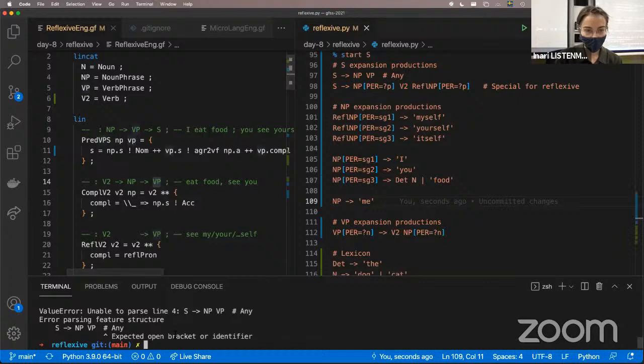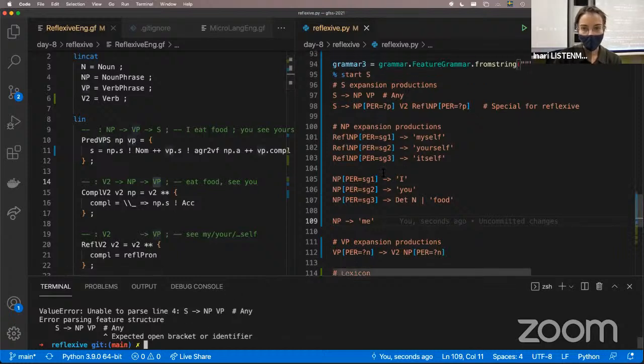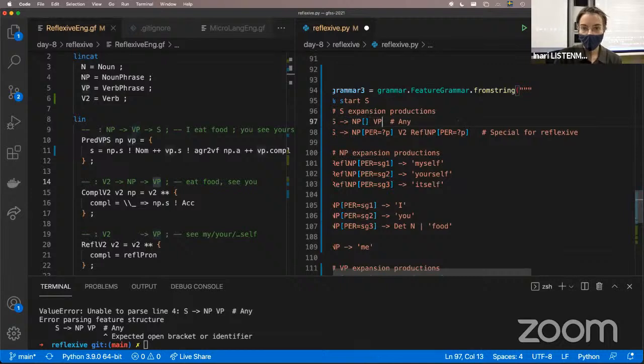Okay, there's "expected open bracket or identifier". Like this. I'm going to do this.